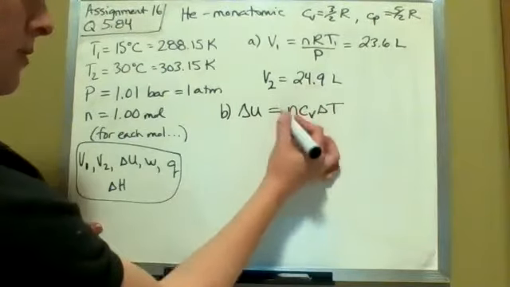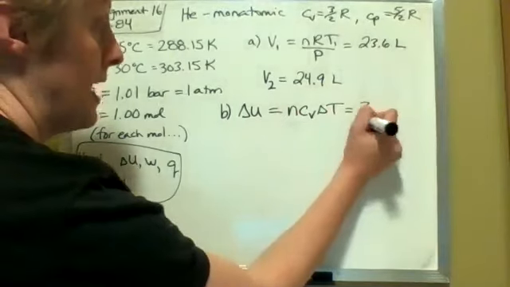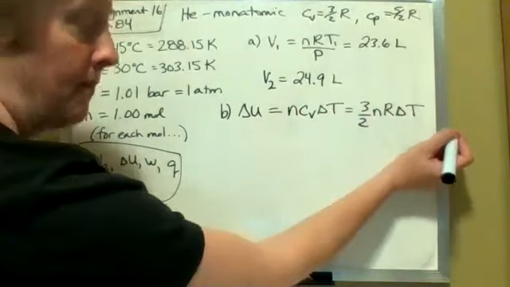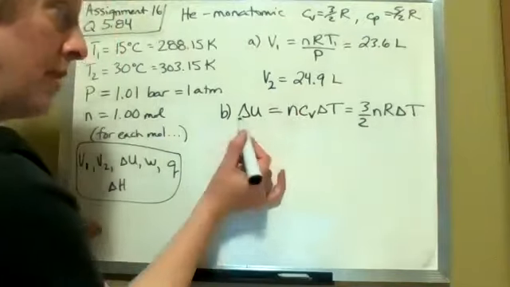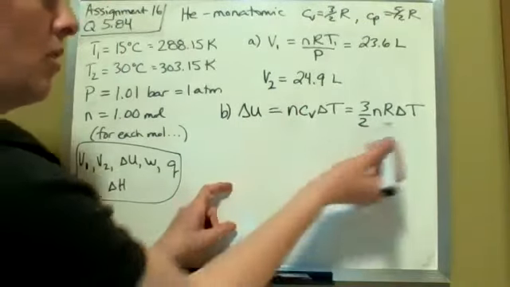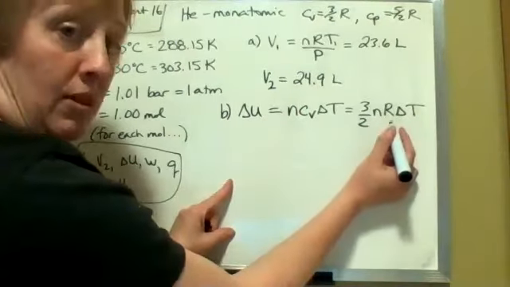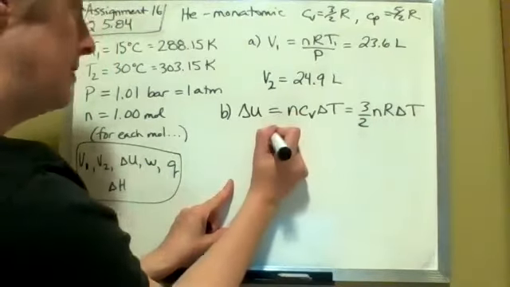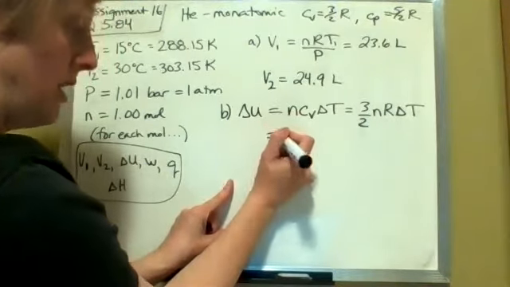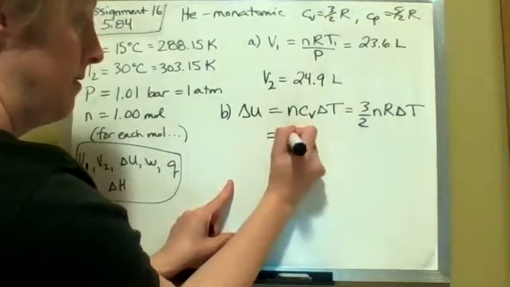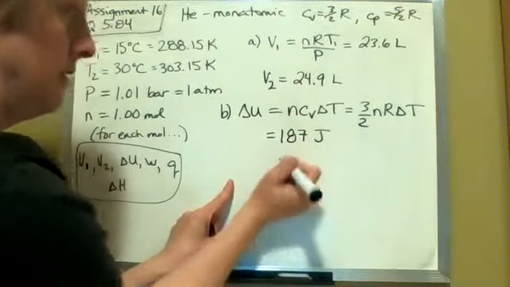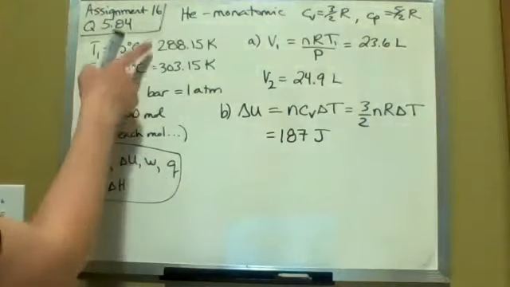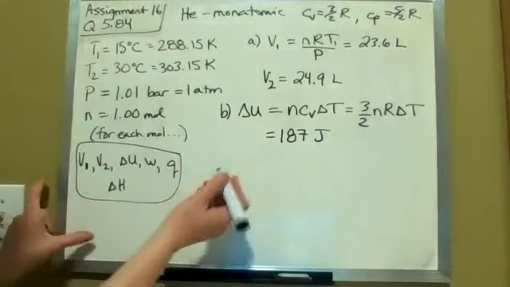So this is now going to be 3/2 nR delta T, where R, remember, I want a unit of joules, so I can put R as 8.314 joules per mole kelvin. So I only end up with joules in the end. So delta U, you should have an answer of 187 joules. Remember that's T2 minus T1, so you have a 15-degree difference.